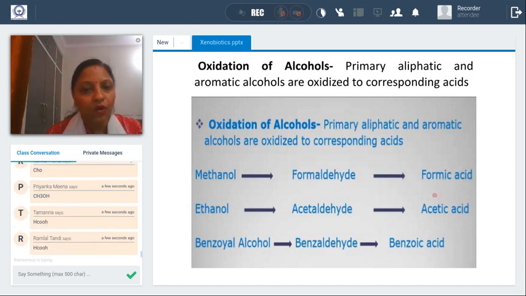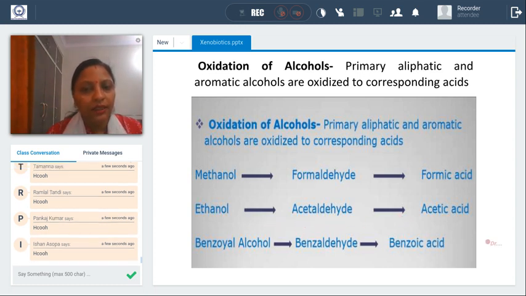Yes, HCOOH. Likewise, ethanol is converted into acetaldehyde and then into acetic acid: CH3CH2OH or C2H5OH, CH3CHO, and CH3COOH. So is it clear to all of you? Benzyl alcohol is converted into benzaldehyde, and then this benzaldehyde converts into benzoic acid.